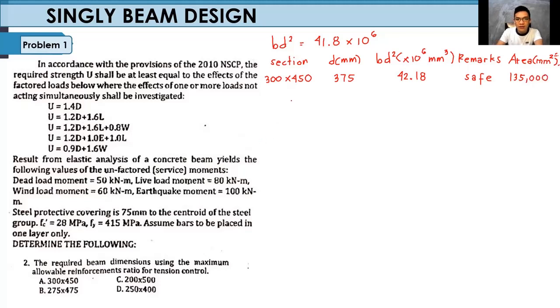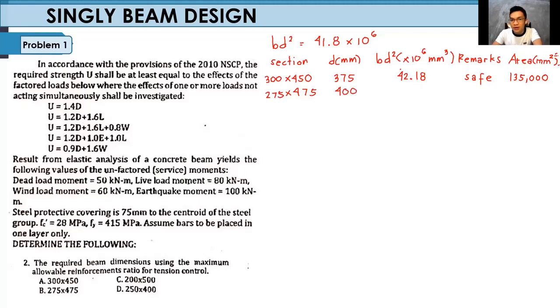Ayan. So, how about this one? Try natin si 275 by 450. So, depth niya, 450 minus 75. Sorry. So, 475. So, 475 minus 75, that is clearly 400.